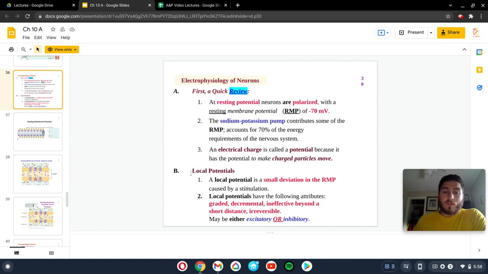And then if you look down here at local potentials, a local potential is a small deviation from the resting membrane potential that is caused by a stimulus, but it may or may not be effective.